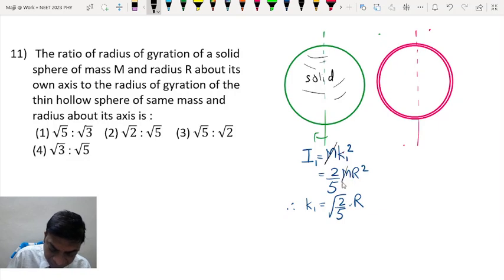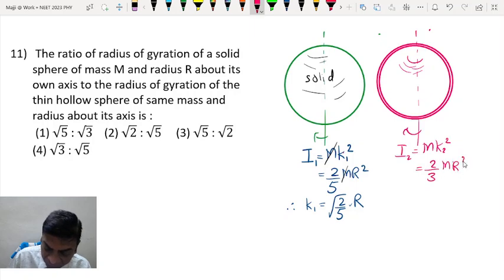Similarly, for the shell, the moment of inertia is again m k2 square, where k2 is the radius of gyration. It is equal to 2 by 3 m r square. So therefore, the radius of gyration is under root 2 by 3 r.